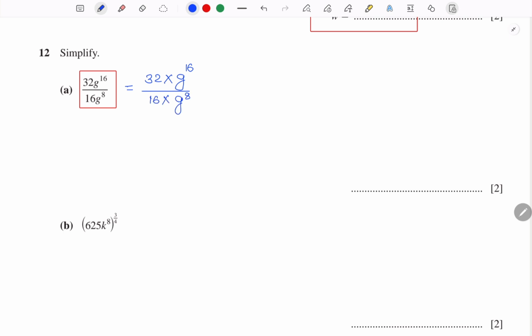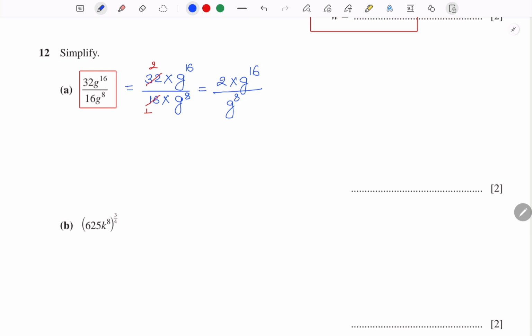Now if you see carefully, this part will get cancelled out. Here I will get 2, and now I can write it as 2 into g raised to the power 16 divided by g raised to the power 8.